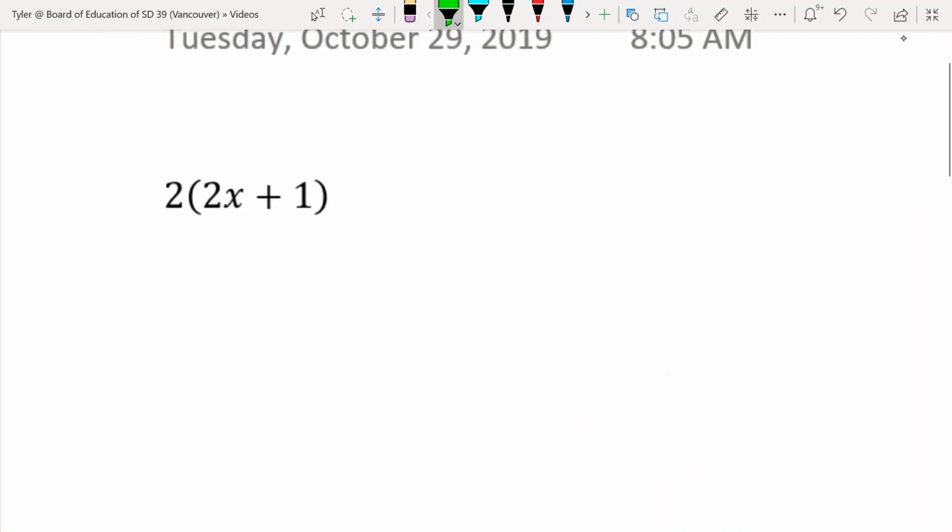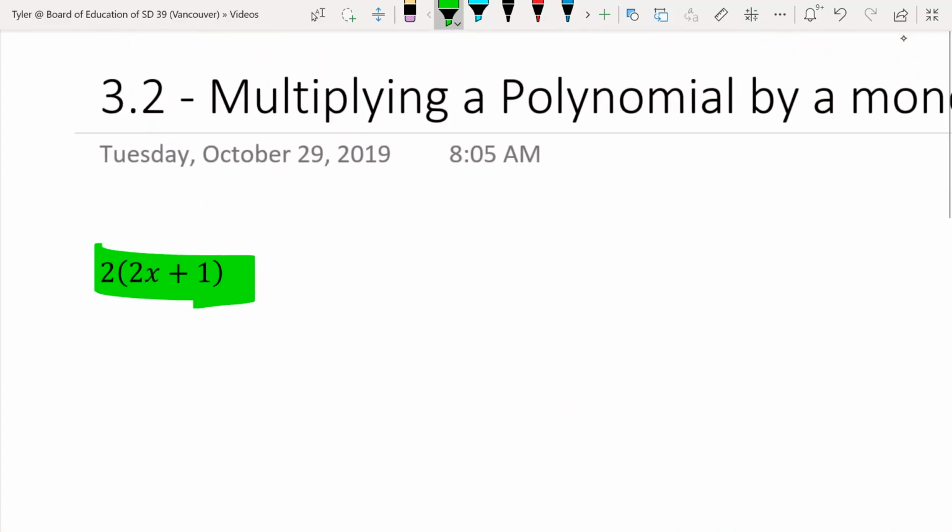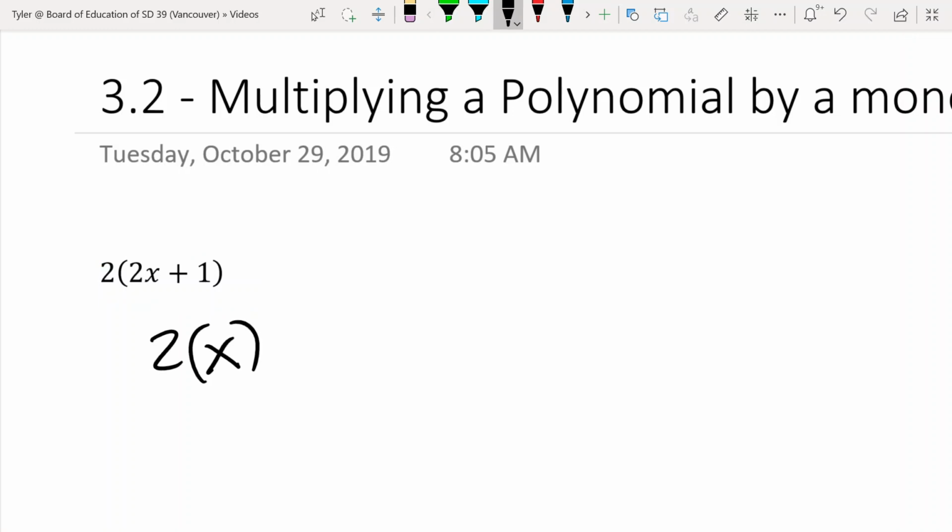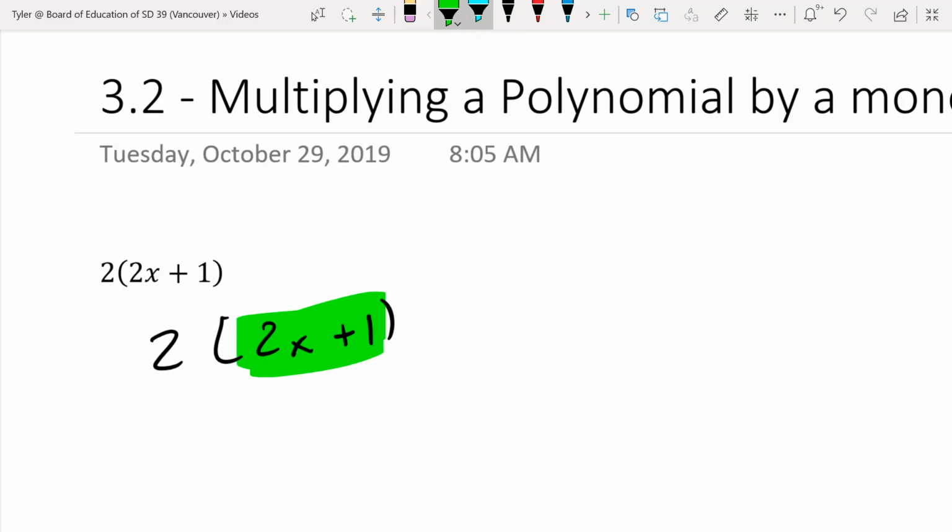So, just starting with the basics, this question here, 2 times 2x plus 1, I want to rewrite it. If I write 2x, we're basically saying 2 times this mystery number. Now, instead of calling it x, we're instead going to say it's 2 times this stuff. So basically, everything in this bracket is going to get multiplied by 2.